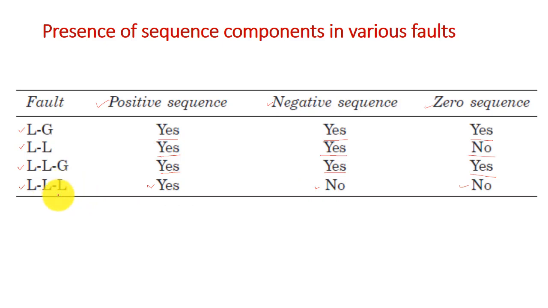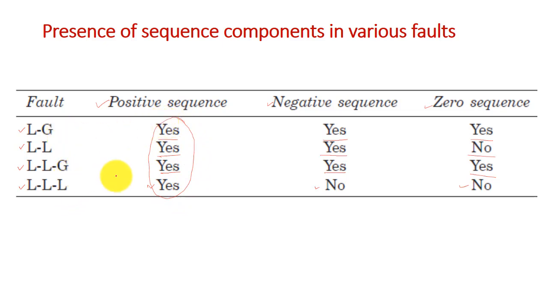In a line to line fault, the zero sequence component is not there, and in a balanced 3-phase fault, the negative sequence network is also not there. Therefore, the positive sequence network exists for all types of faults.